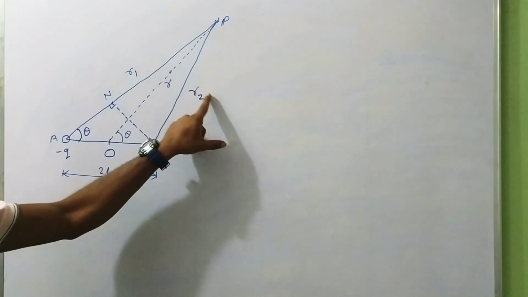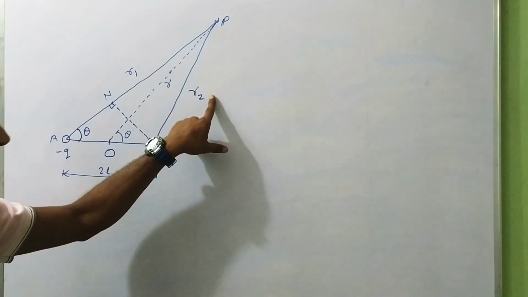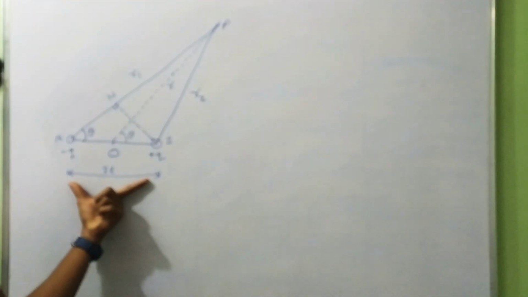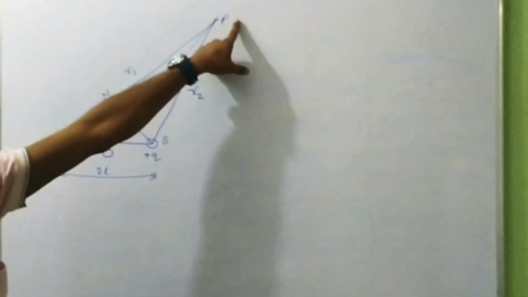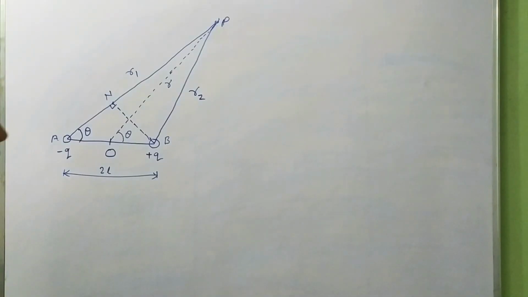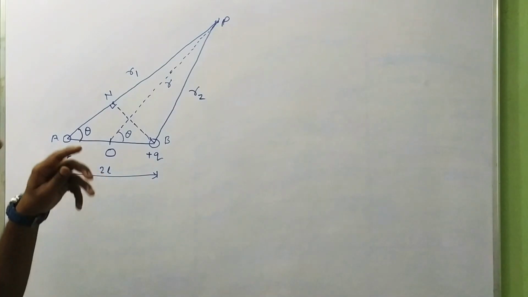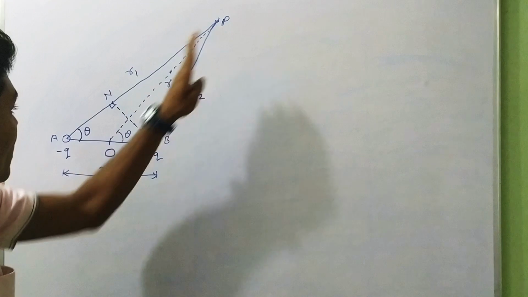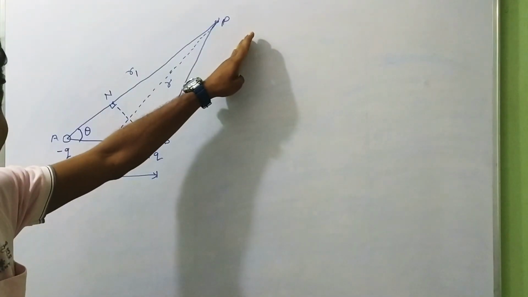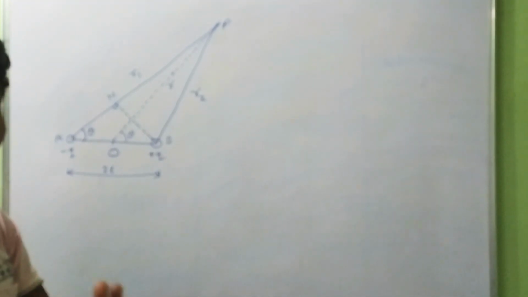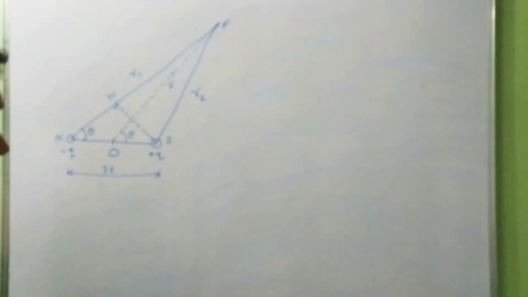These distances are very much greater than this distance. This distance is very far from these points. Now we can say that the lines BP and AP will be approximately perpendicular, we imagine, to find the electric potential.